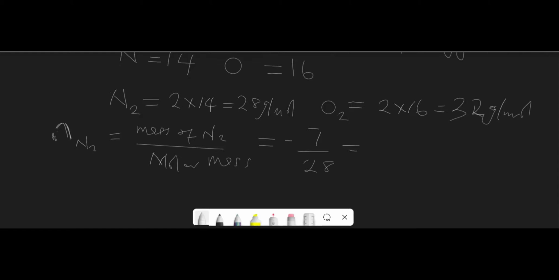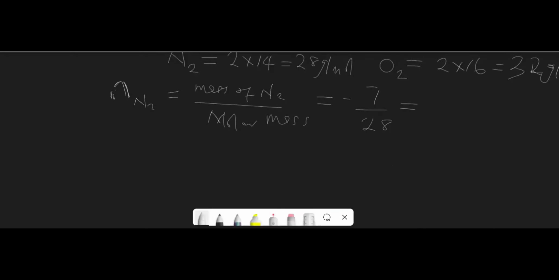We now calculate this, so we have 0.25 mole of nitrogen.